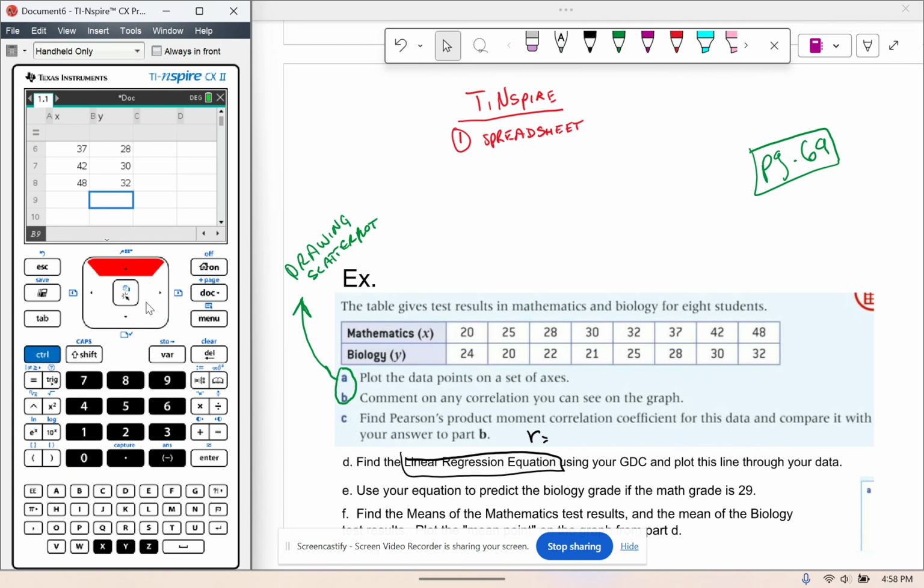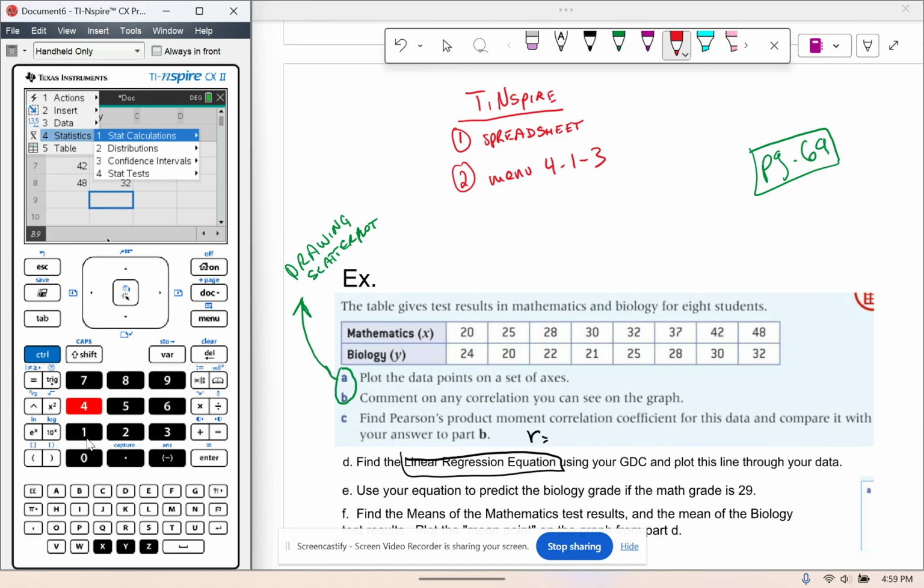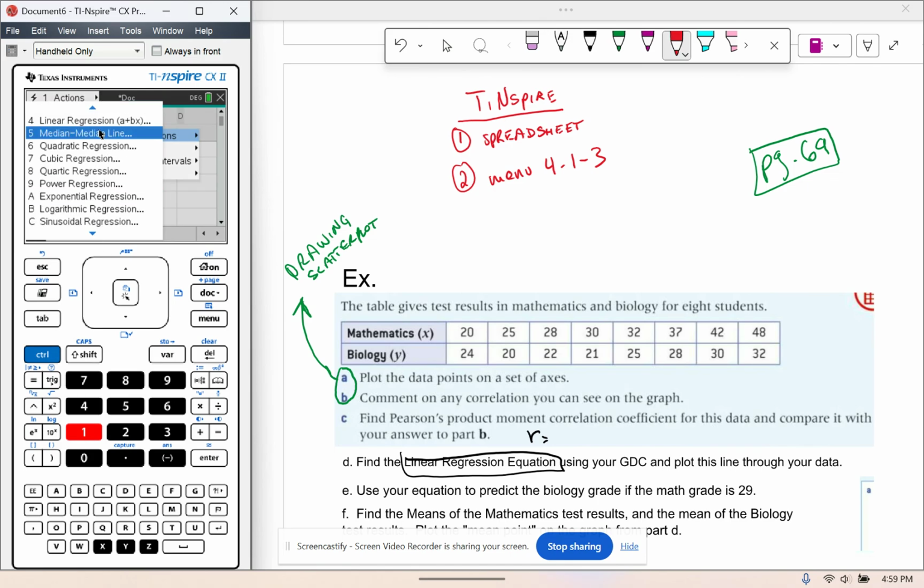Now, from here, we're going to make sure the cell is loose, and I'm going to simply press Menu 4 1 3. So when I do that, I have Menu 4 for statistics, 1 for calculations, and 3 for linear regression.